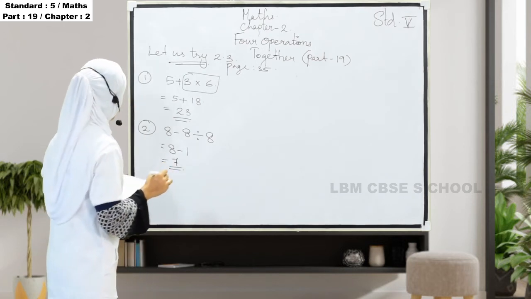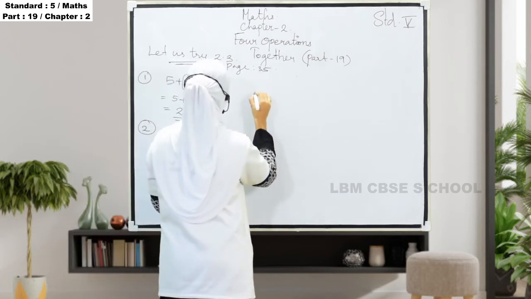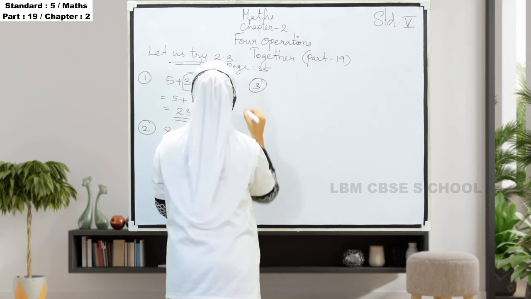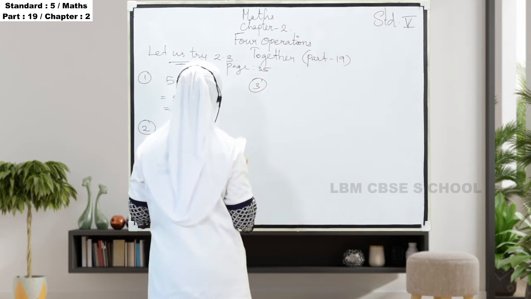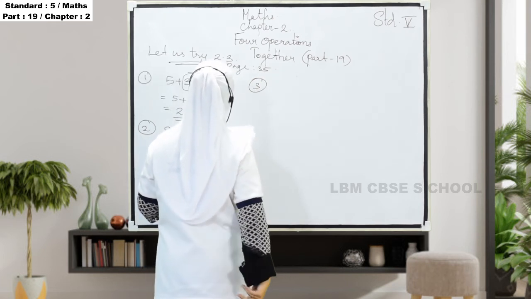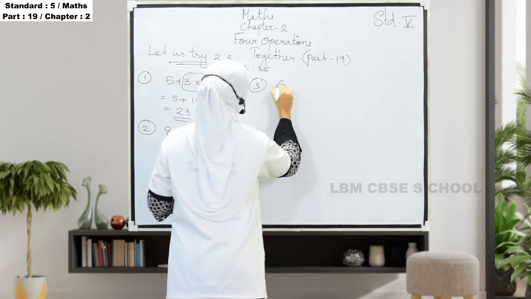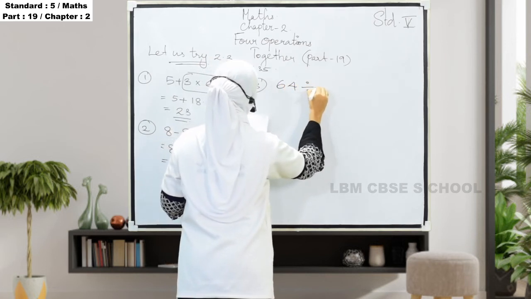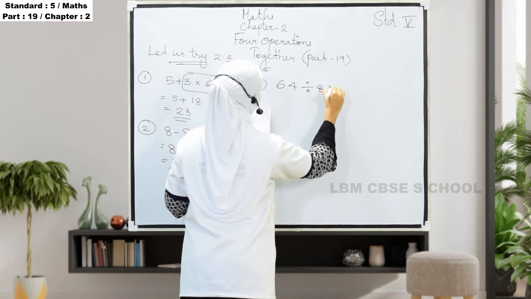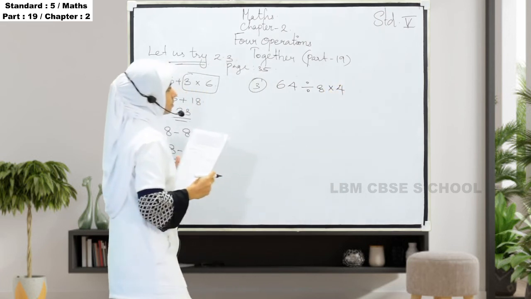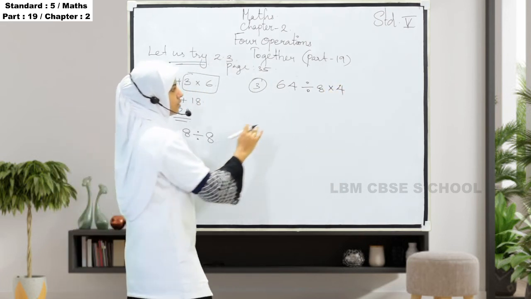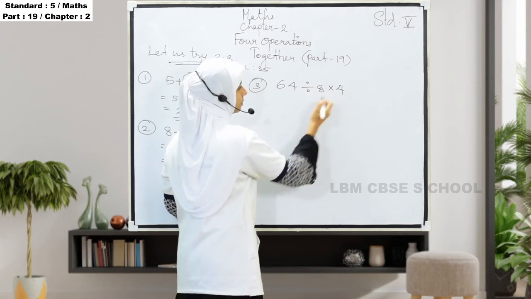Then moving to the next example. 64 divided by 8 into 4. Here again two operations, that is division and multiplication.